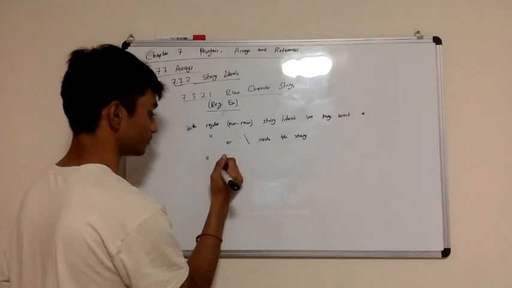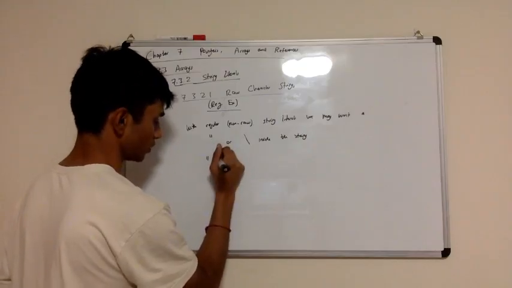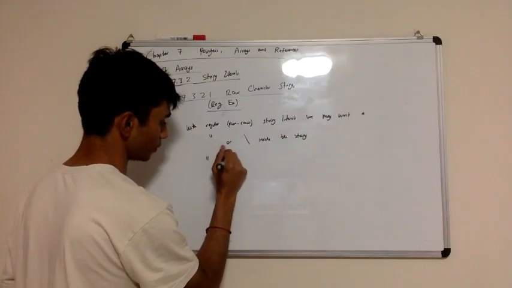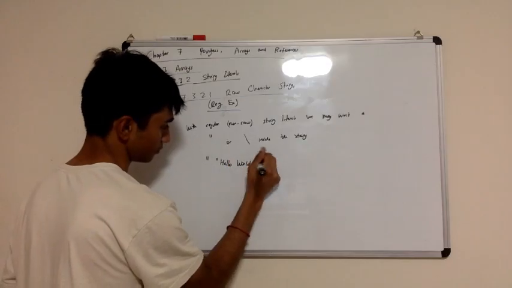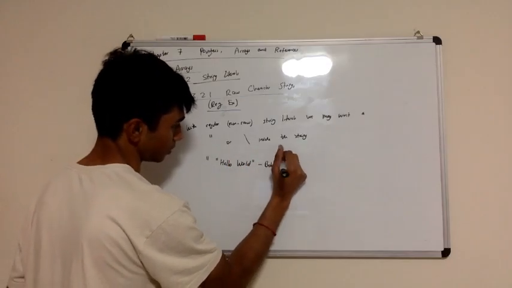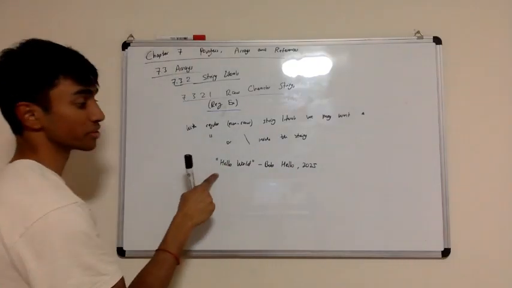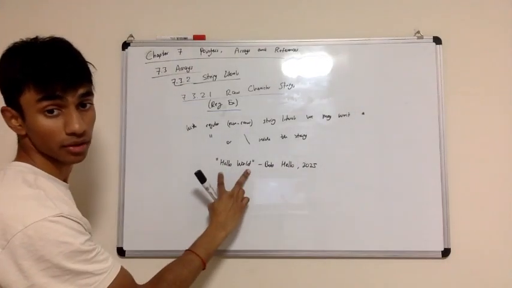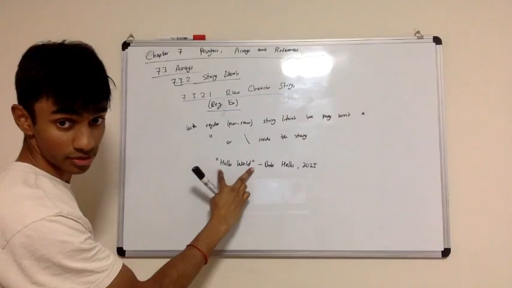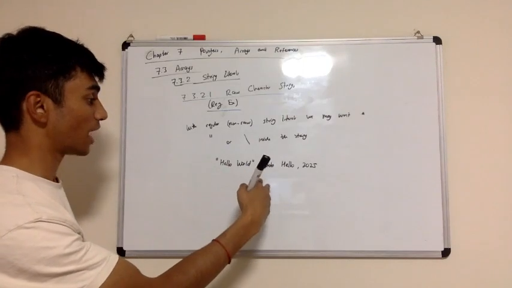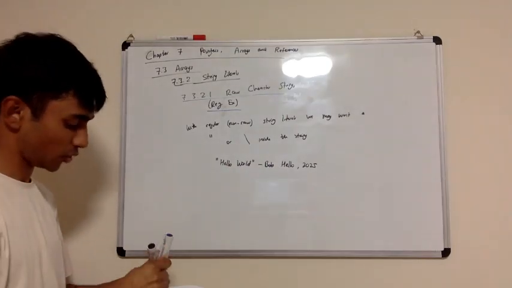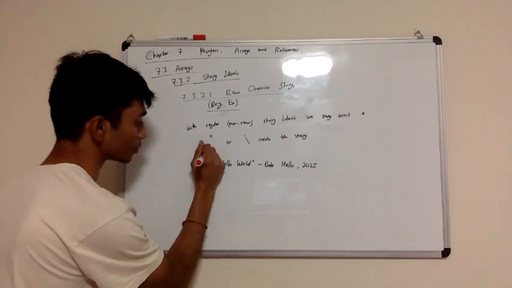Can't think of anything. Hello world. Hello. 2025. You might want to print something like this, where the quote is in quotes and then some citation. And then because it's a string literal, you want to wrap this entire thing in the actual quotes.